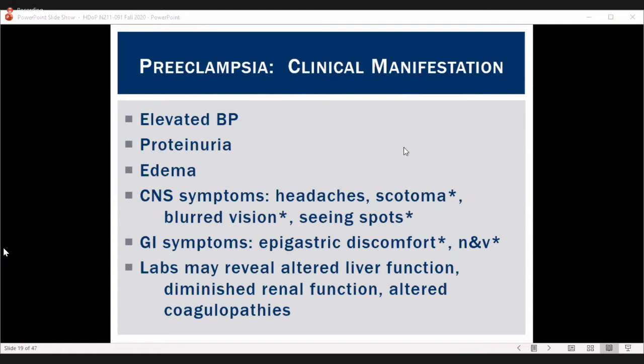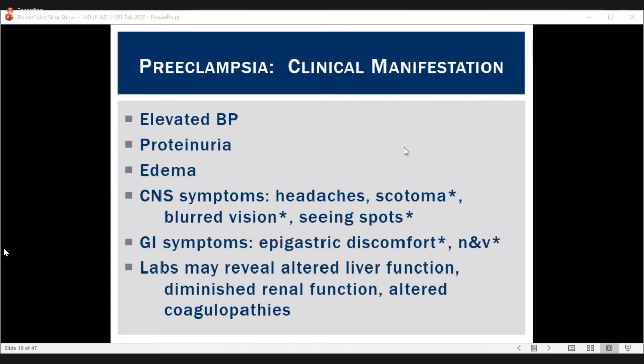So again, as I have been saying to you, you always have to be on top of what these clinical manifestations are. What do these symptoms mean? What is the patient's body trying to tell me? All right. Nausea, vomiting, epigastric discomfort. Those are all telling you liver involvement. Whatever is happening with this preeclamptic patient is getting worse.